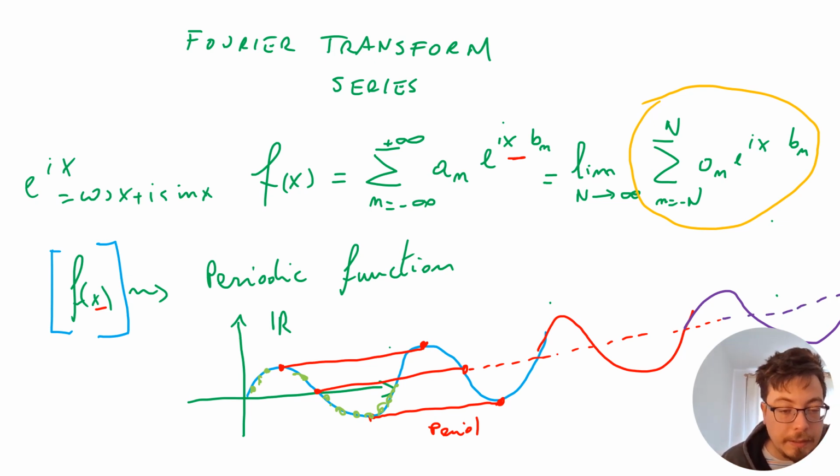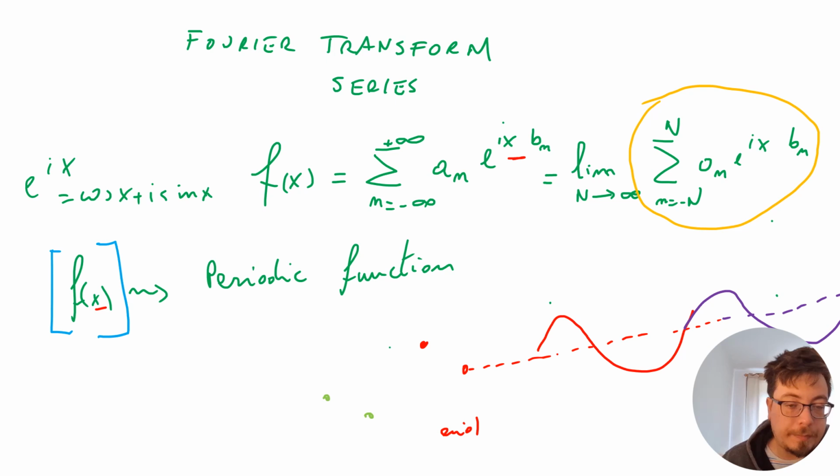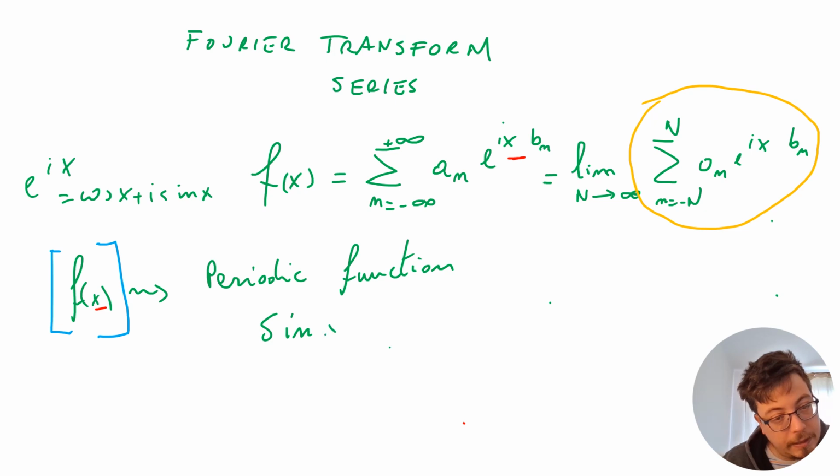We know already quite a few periodic functions, to be honest, because we studied, or at least encountered, maybe not studied too much, the sine of x and its relative cousin cosine of x.